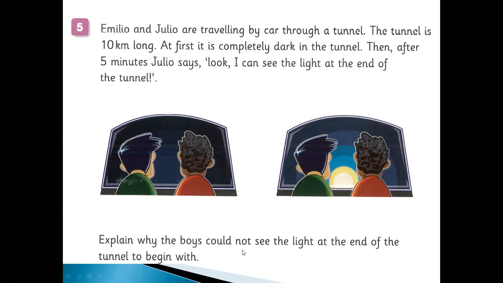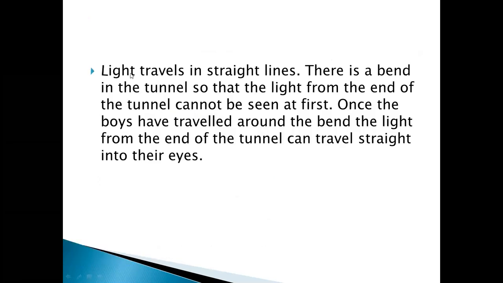Explain why the boys could not see the light at the end of the tunnel to begin with. So you need to write light travels in a straight line, and there is a bend in the tunnel, so the light from the end of the tunnel cannot be seen at first.